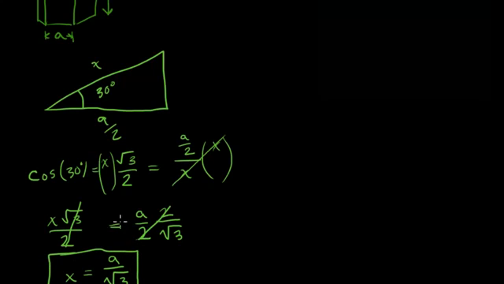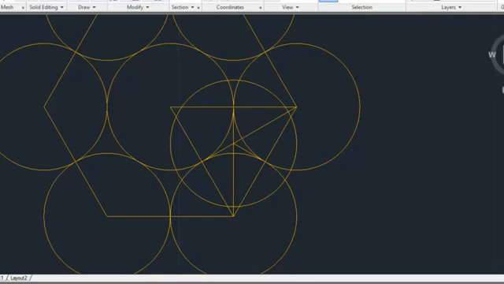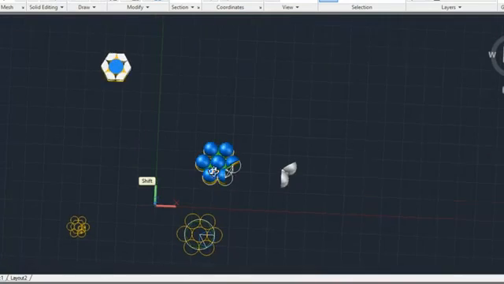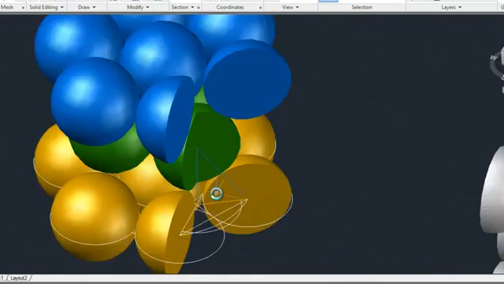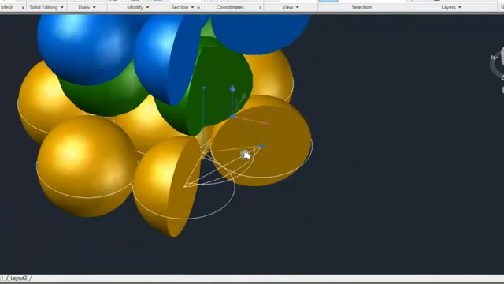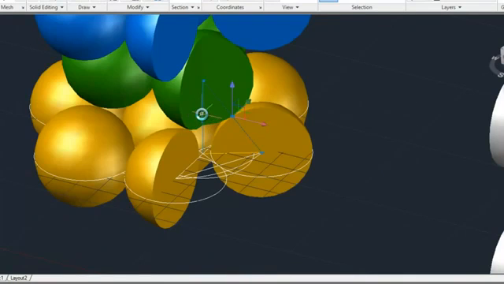Let's go back to our drawing, our model really quickly, and take a look at what that tells us. We'll take a look at this 3D image here, and this triangle that's standing up. We don't know what any of the angles in this triangle are. They're not necessarily nice angular measurements.